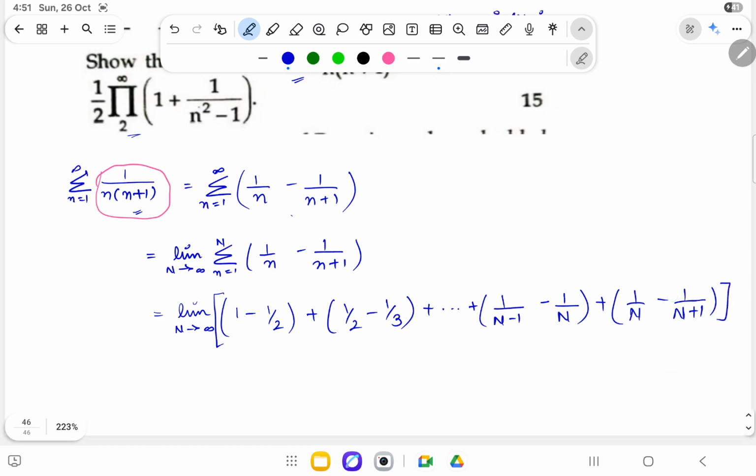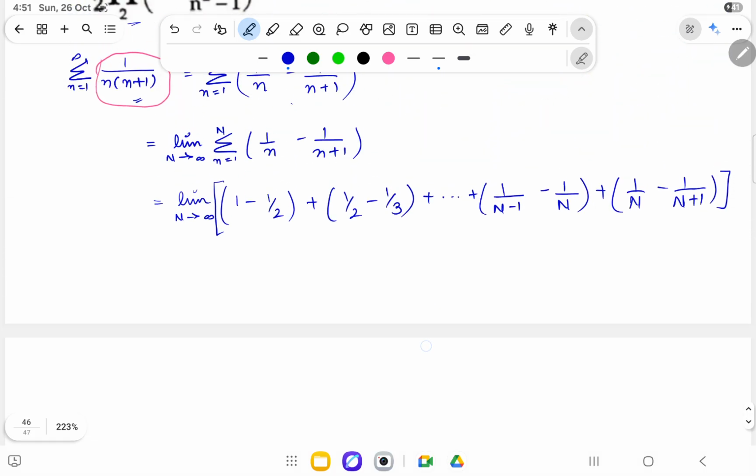Now if you observe, this term basically balances this one. This minus 1 by 2 can be balanced by this one. Likewise this minus 1 by 3 can be balanced by 1 by 3 in the next term. Likewise this can be balanced from the previous term, and this 1 by N will be balanced by this term.